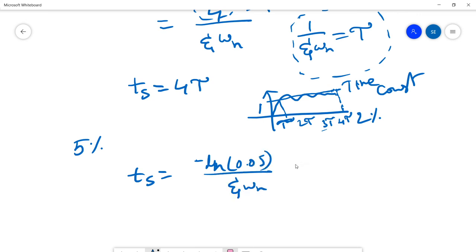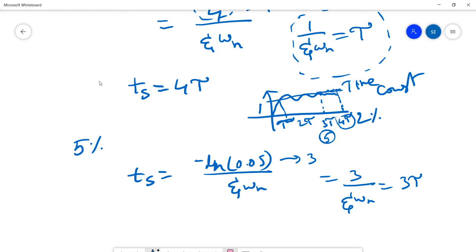If you increase the band, taking a tolerance of 5 percent, the process settles earlier than with 2 percent. If you calculate this, it is approximately 3. So you get 3 by zeta omega n, which is 3 tau. Your settling time will be at 3 tau. For a 2 percent tolerance band it is 4 tau, and for 5 percent it is 3 tau.